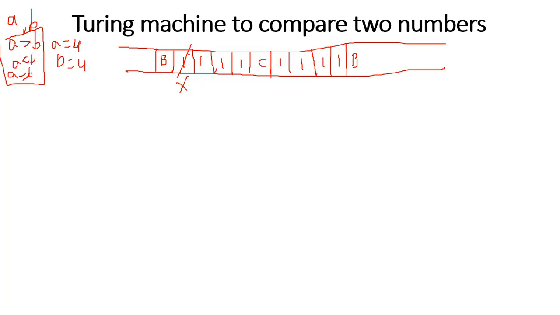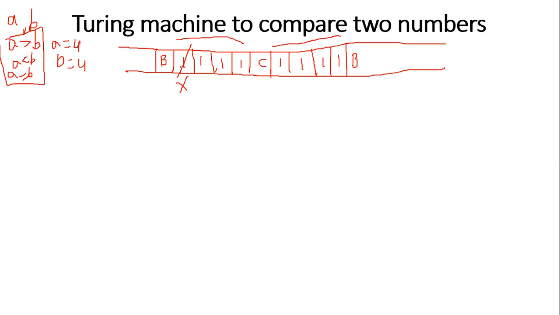So this is the first number and this is the second number. For every one you find in the first part, go and check whether the equivalent one is available in the second part. If you find one on the left side, make sure that it finds one on the right-hand side. So this C will act as the separator between the first number and second number.